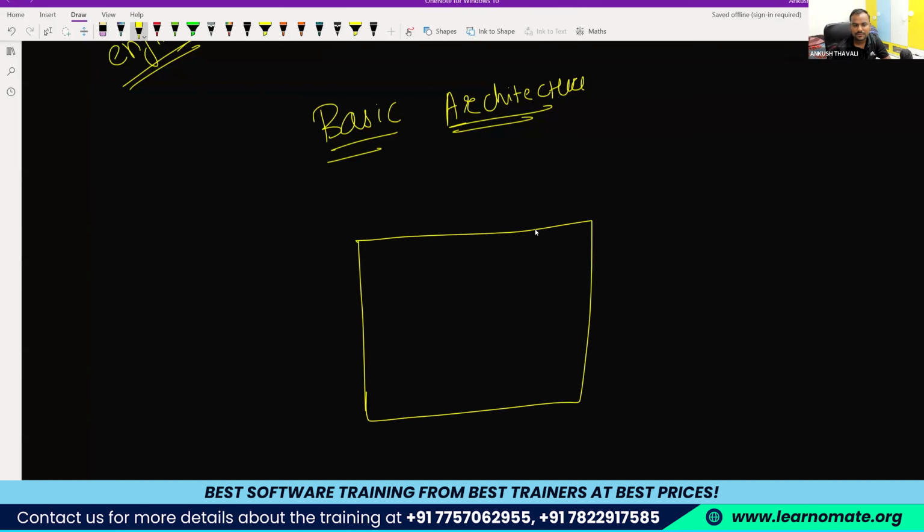Server means it can be a Windows server, it can be a Linux server, it can be any other server, but mostly we will use a Linux server only. So you will have a server, and under that server your database will be installed.